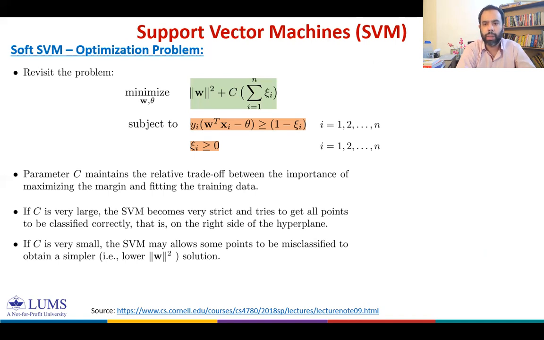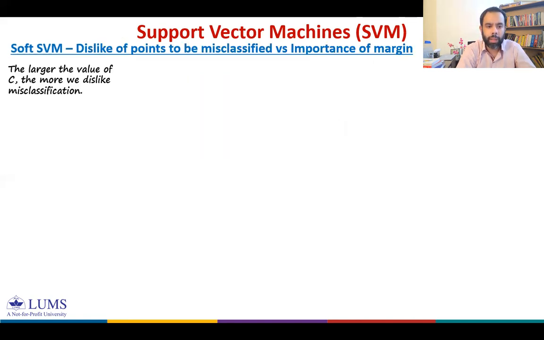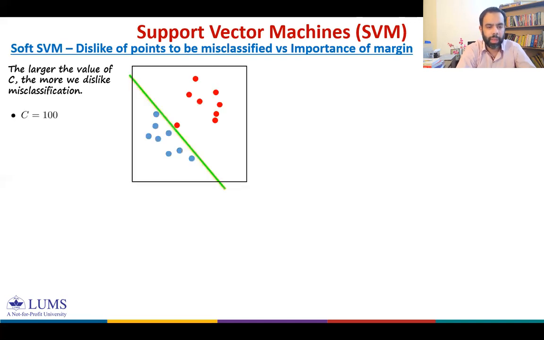Let's visualize this. The larger the value of C, the more we dislike misclassification. I have some examples here. If C is equal to 100 for this data, I get something exactly like hard SVM. All the points are being classified correctly. You get a very thin maximum margin classifier.